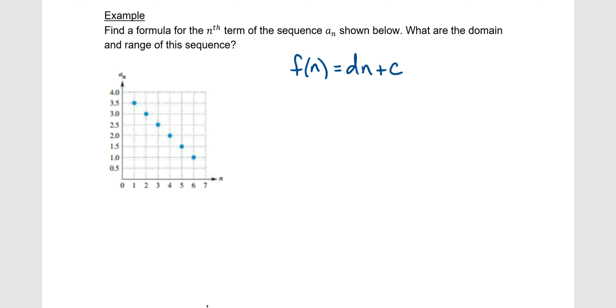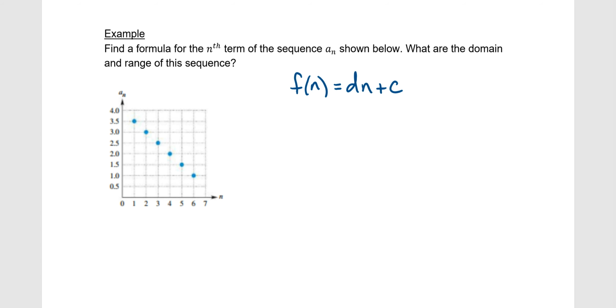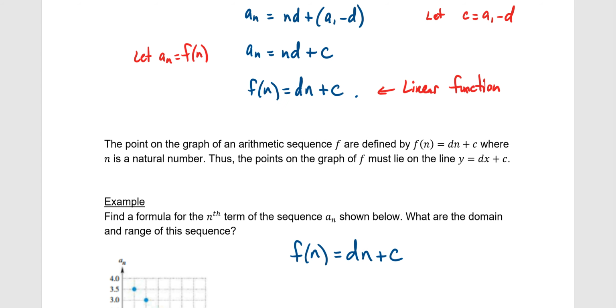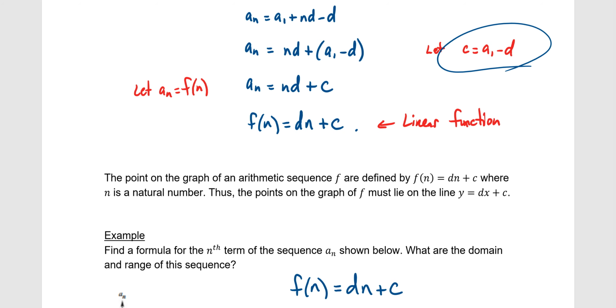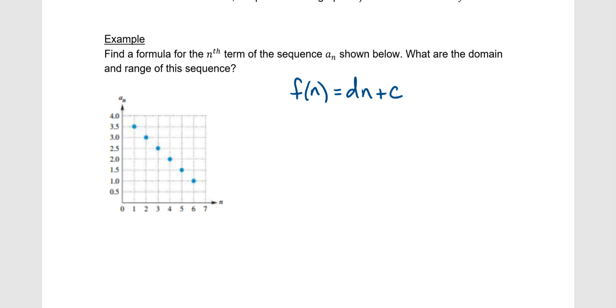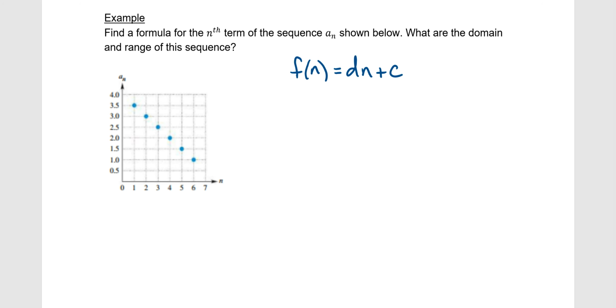So what we need to do here is figure out the d, and we need to figure out the c. So we could do it the way that we did it up here, and we could say that c is a sub 1 minus d after we figure out what the d is. But let's go ahead and just use the graph and think of it as a line.